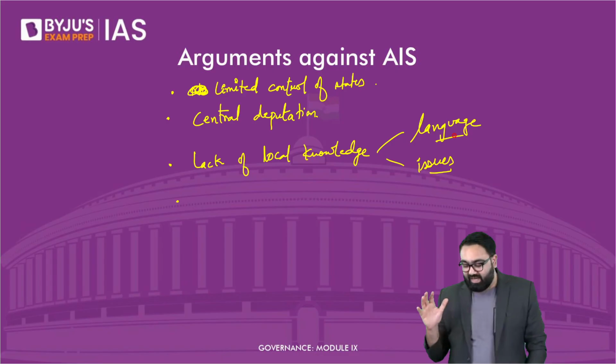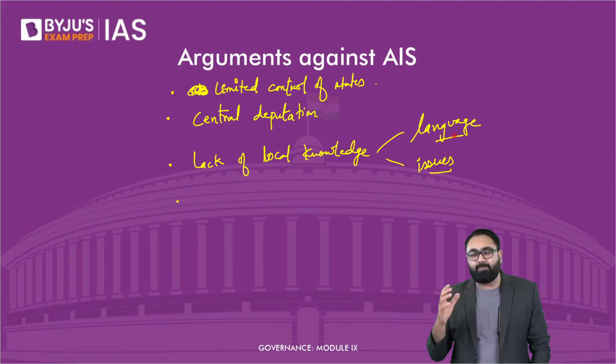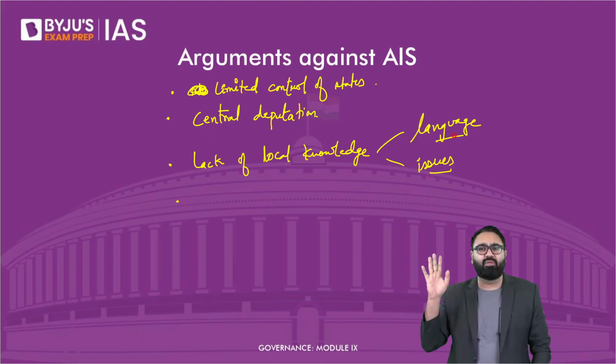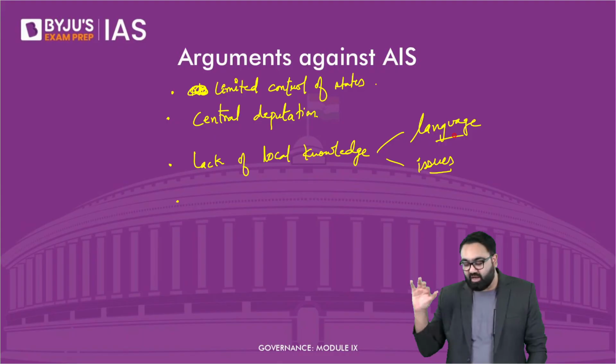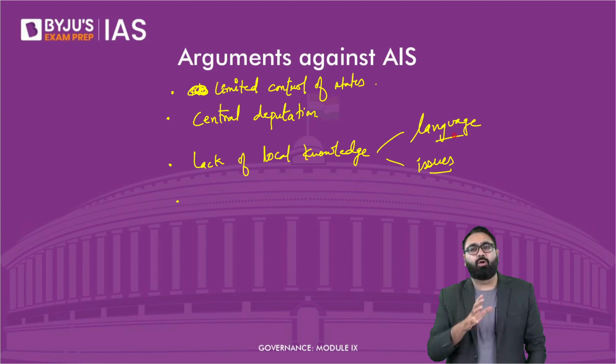Because understand this, when you are a DM or a collector, your 90% interactions will not be with the VIPs. Your VIP interaction will be when you work in Delhi on central government deputation. Your 90% interaction will be with the common public.